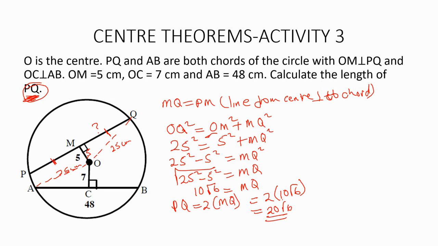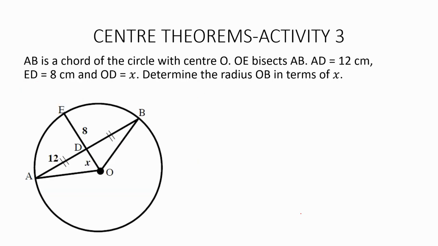You can leave your answer like that, or as a decimal, 48.99, but you can leave your answer as 20 root 6 centimeters. Perfect. Let's move on to the next one. We still have one more after this. I want you to try this one, read through the information, and then try to answer the question. Let's try.